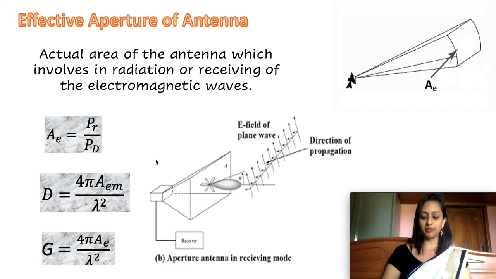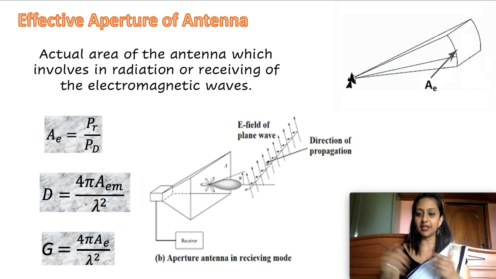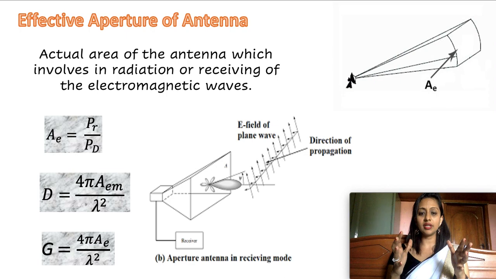So which means what? If I recalculate the equivalent circuit of the antenna and analyze it, effective aperture is just that concept wherein all the actual area is being involved in the radiation. Here I'm not talking about impedance matching also. When I calculate the equivalent circuit, it will be ZA.